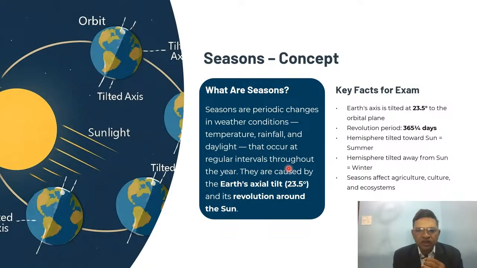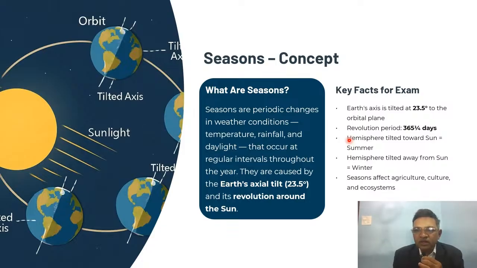They are caused by Earth's axial tilt of 23.5 degrees and its revolution around the sun. You can check this in this particular picture. The important examination points are the Earth's axis tilt at 23.5 degrees to the orbital plane, and the revolution period of 365 and a quarter days, as it goes around the sun.